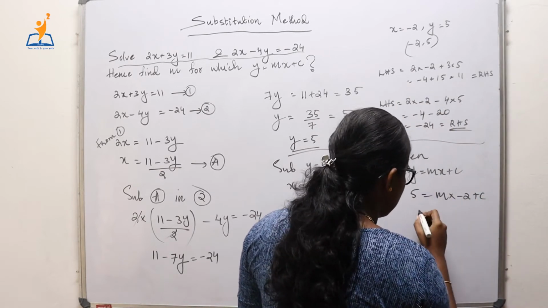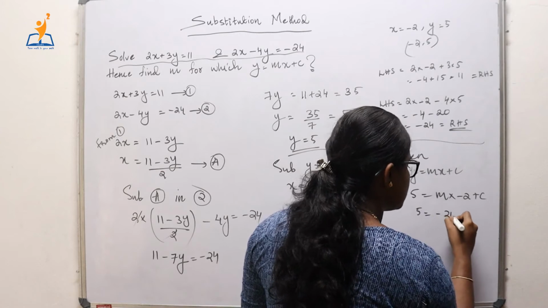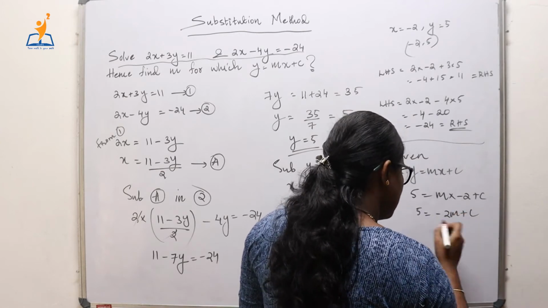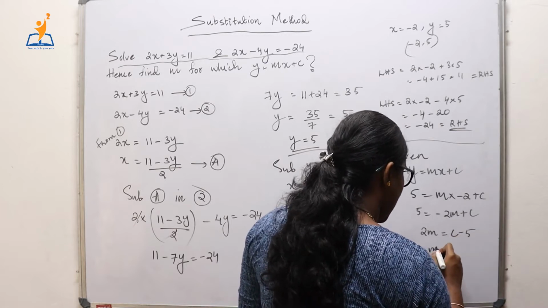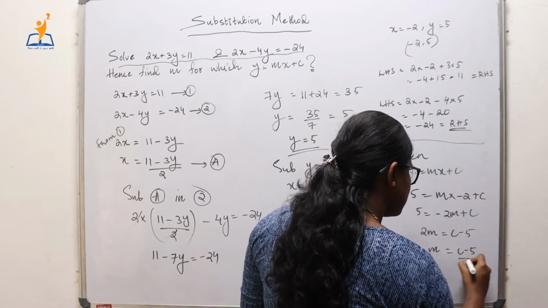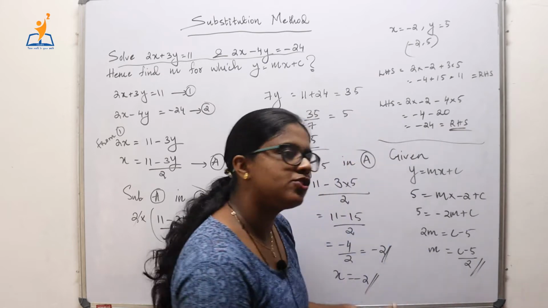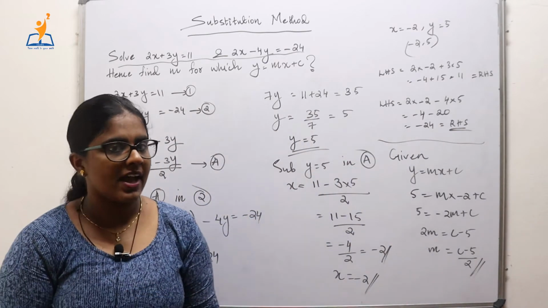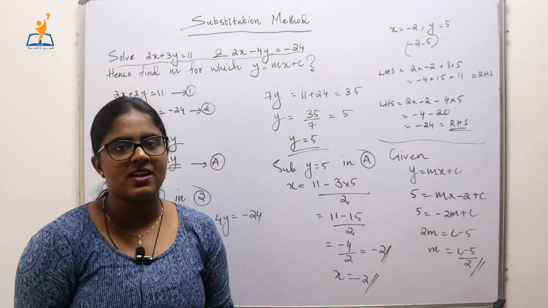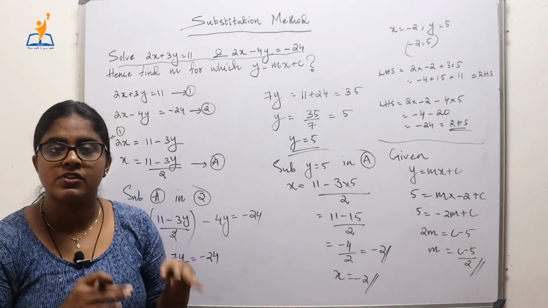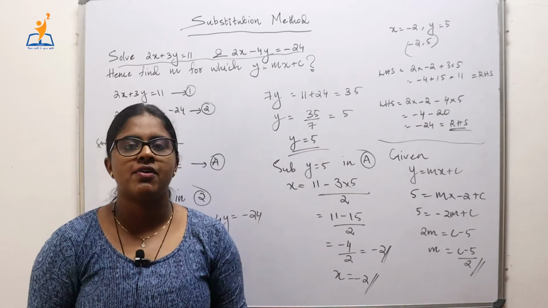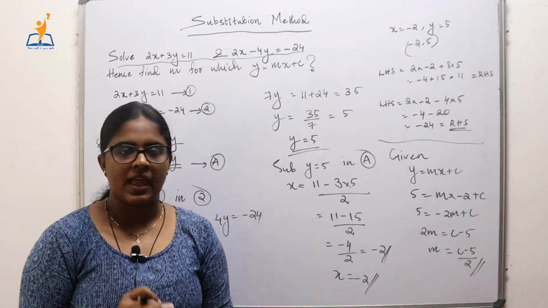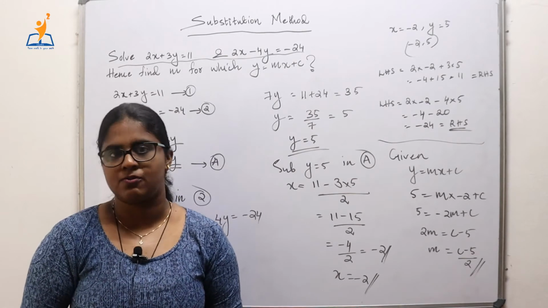So it becomes 5 is equal to minus 2m plus c. Therefore 2m is c minus 5, and m is c minus 5 divided by 2. So we have found the value of m also. First we solved this pair of linear equations, and from the given condition we found the value of m. Now we shall move to another question.